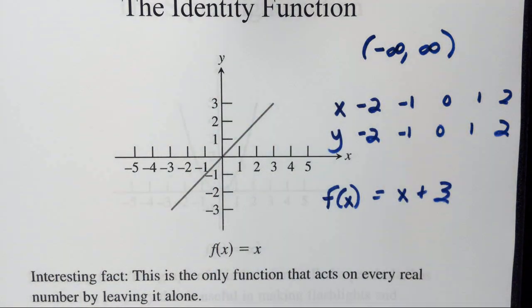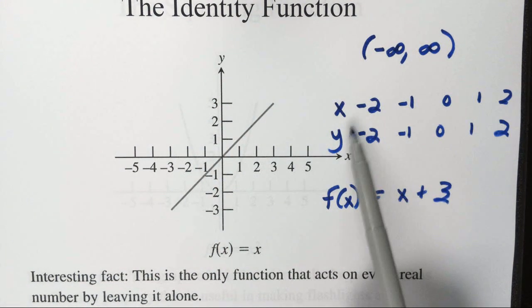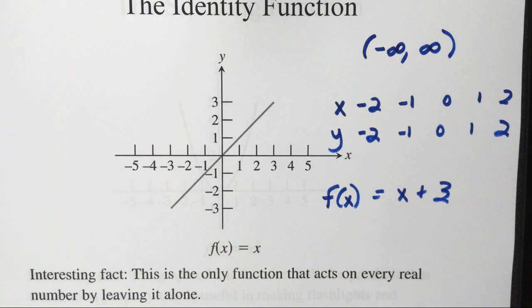Okay? Some of your teachers may have had you plot the parent and then move them. And some of your teachers may have said, okay, up 3 just means you add 3 to all of those numbers. I do not care which way you do it as long as you understand the transformation and you can get the final graph on the paper, okay?